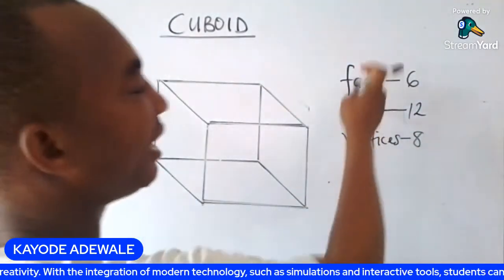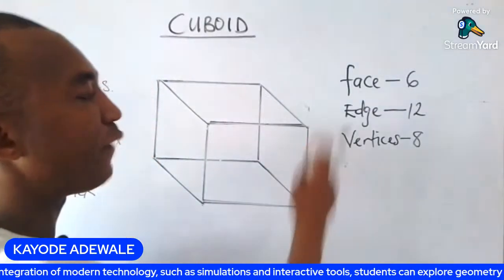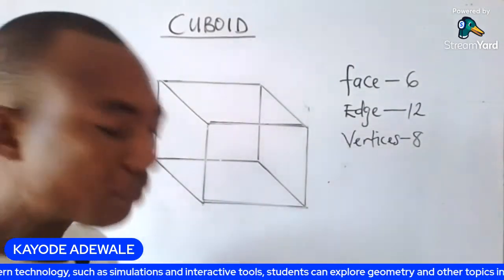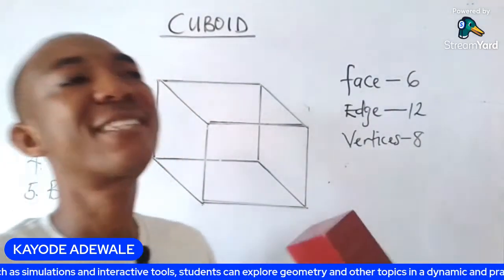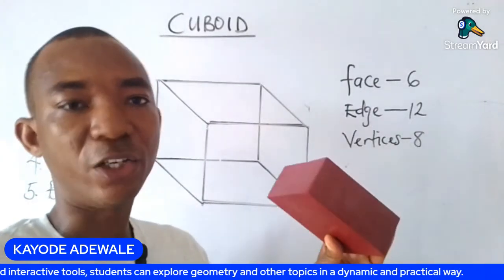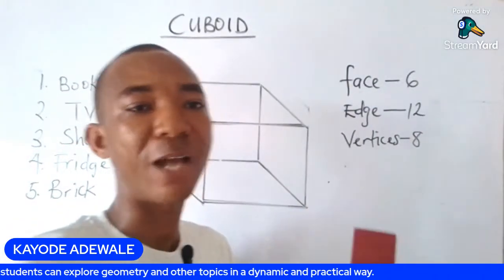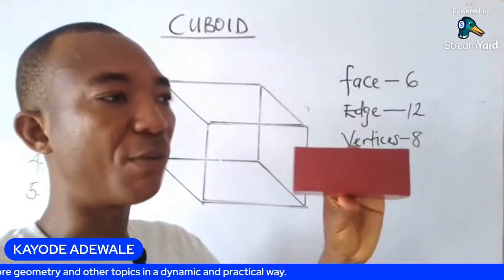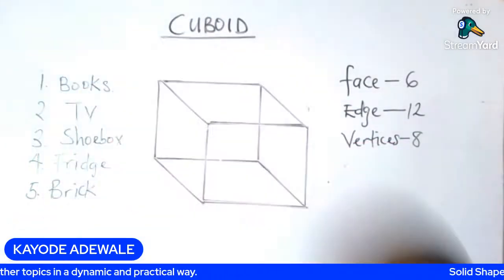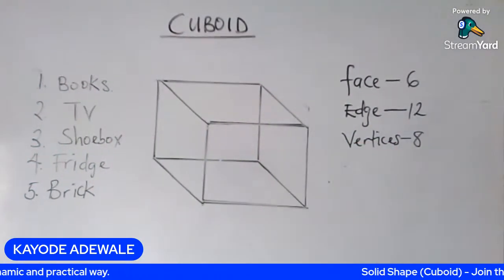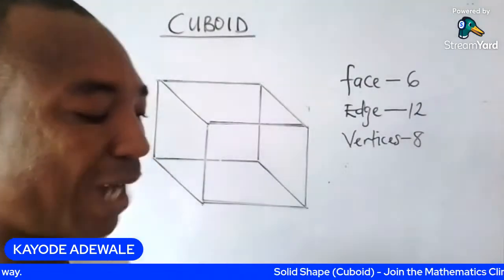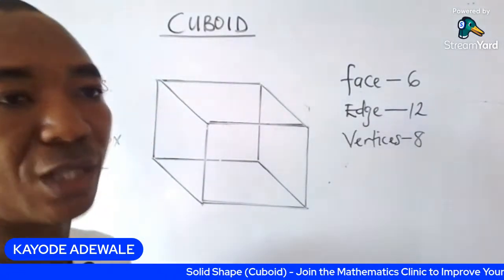We quickly look at three properties of cuboid: the face, the edge, and the vertex. A cuboid has 6 rectangular faces. And let's count. Let me use my textbook to show you. I'm sure you have a textbook at home as well.